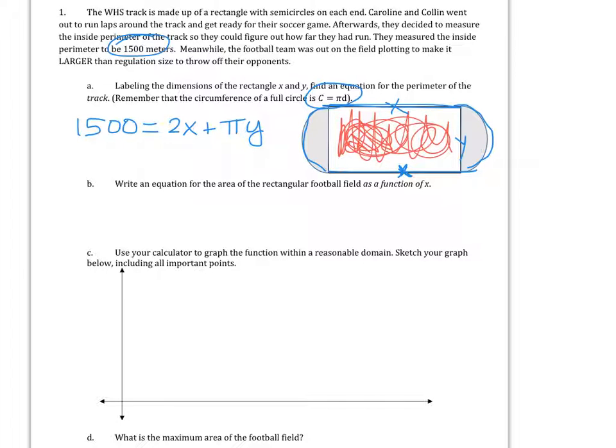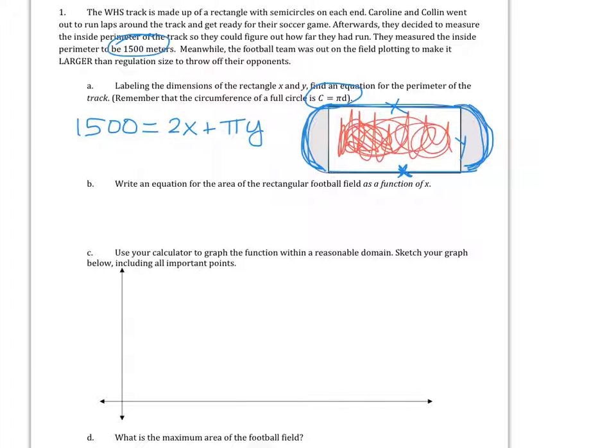Again, this pi y, you can really think of it as half of the circumference of a circle plus the other half of the circumference of a circle. So together, these 2 semicircles make 1 full circle.